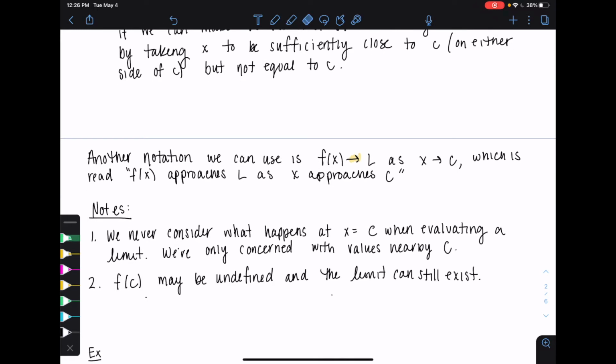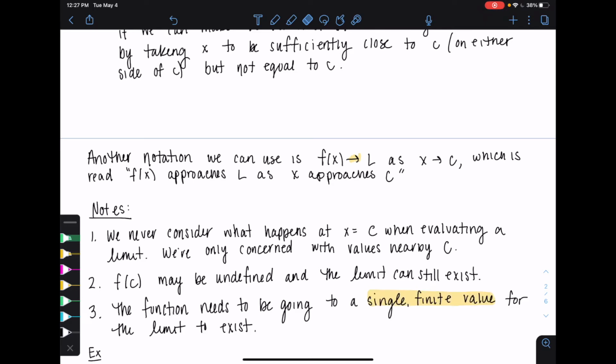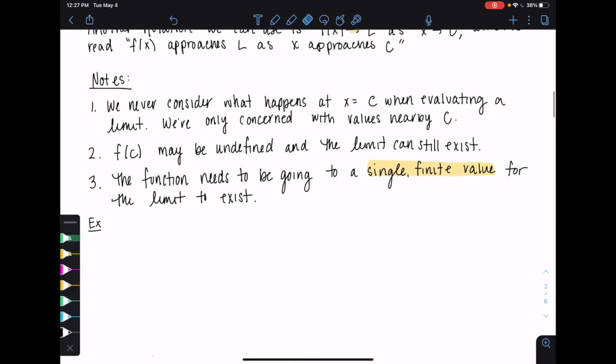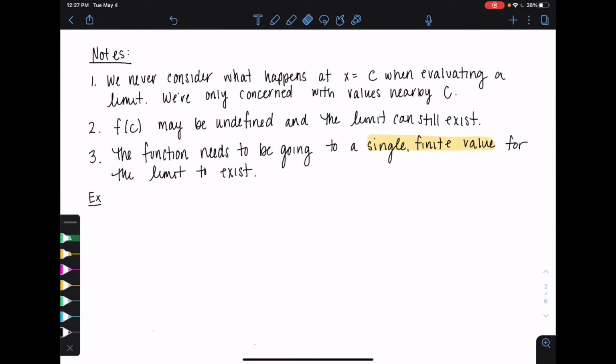Second thing, the function may actually be undefined, and that's okay. The limit can still exist even if the function does not exist at c. And the last thing is the function needs to be going to a single finite value for the limit to exist. So to give you an example, we're going to look at three functions.